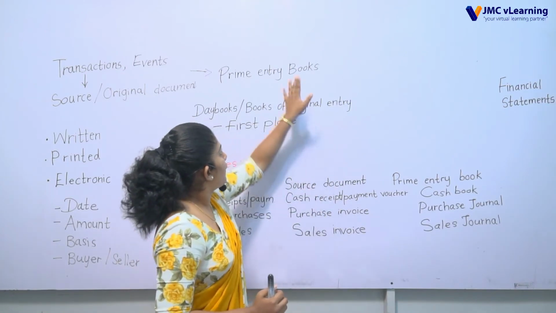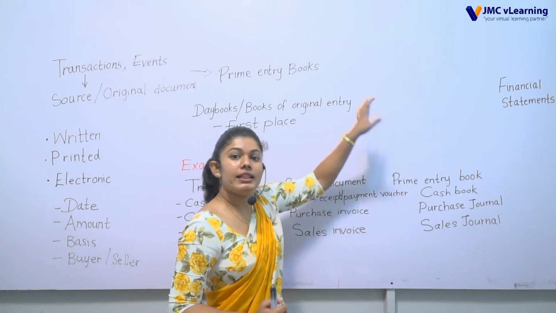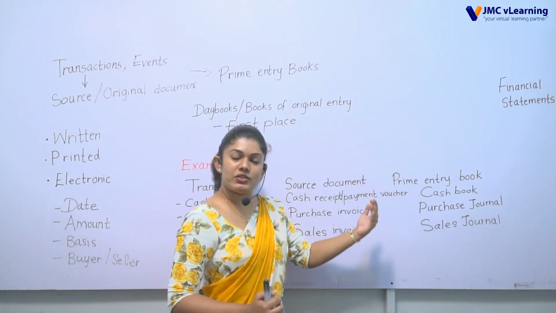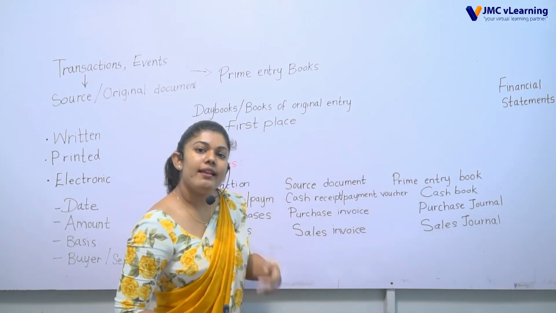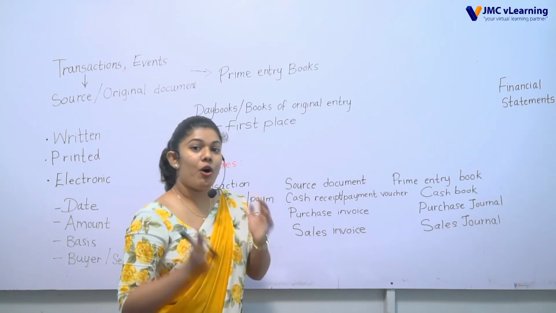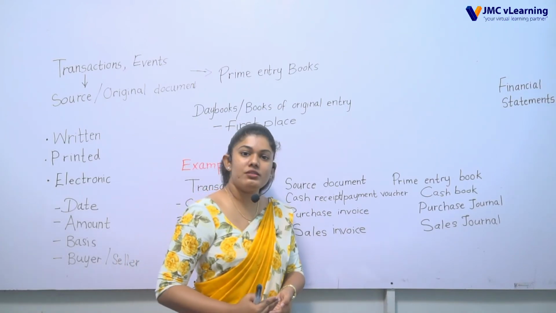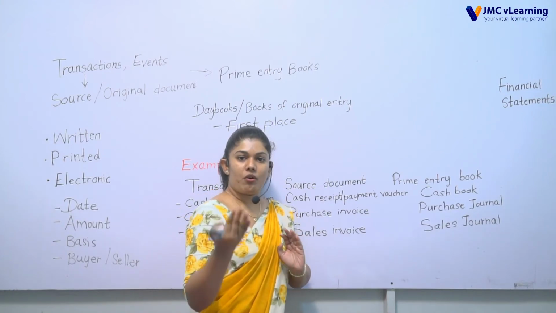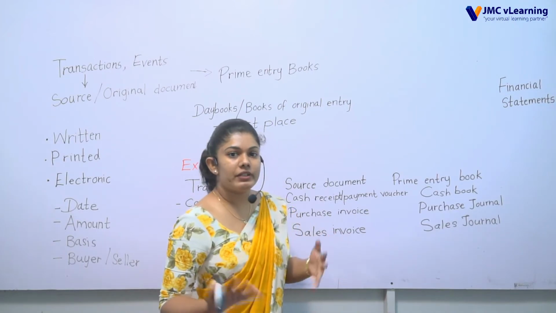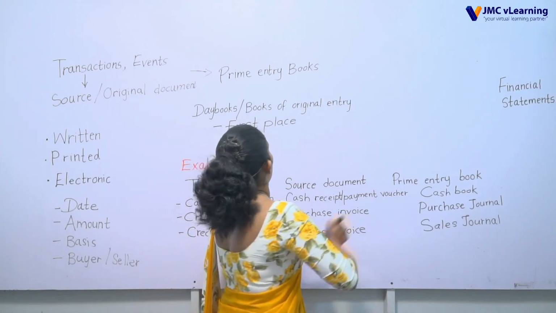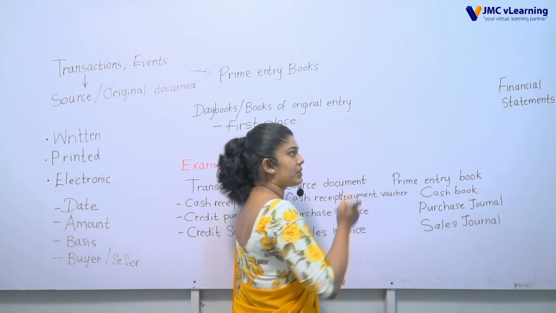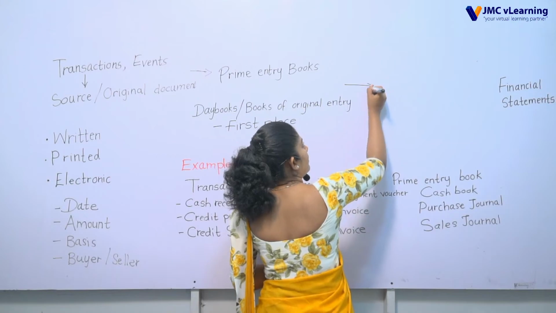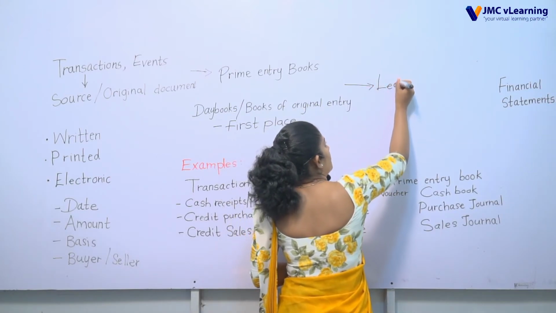From prime entry books, only then do we transfer these transactions to ledger accounts. Now we already know what a ledger account is. It's a systematic or accepted format of recording the dual impact of a transaction. Therefore, after prime entry books we record it in ledger accounts.